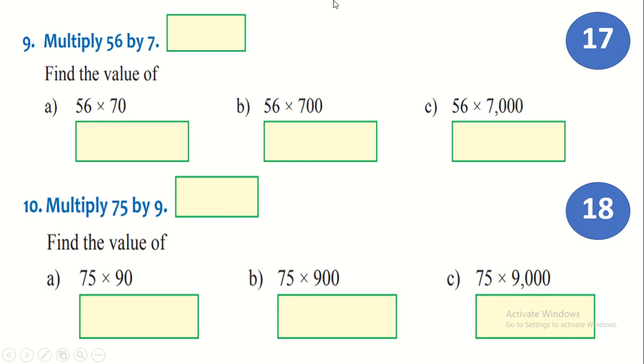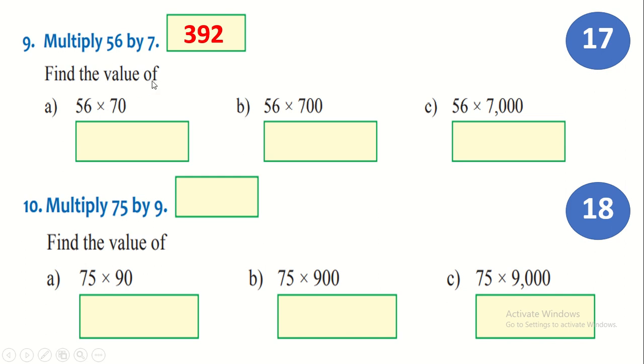Okay. Next is our last exercise. Number 9 and number 10. Multiply 56 by 7. If you multiply, you don't round off. Okay? 56 times 7 is 392. Correct, students?